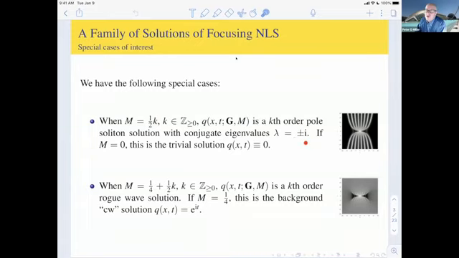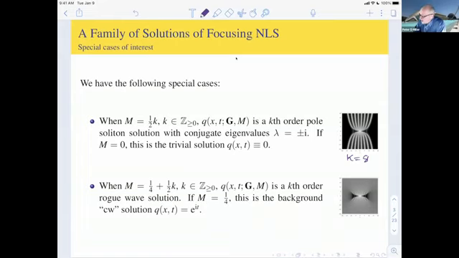You can use a Galilean transformation to move them to any other complex conjugate pair of points in the complex plane. So that's quite straightforward, and we'll just normalize them in this way. And then if m is equal to 0, that's the trivial solution. q is exactly equal to 0. So this is a plot for a k equals 8th order soliton.